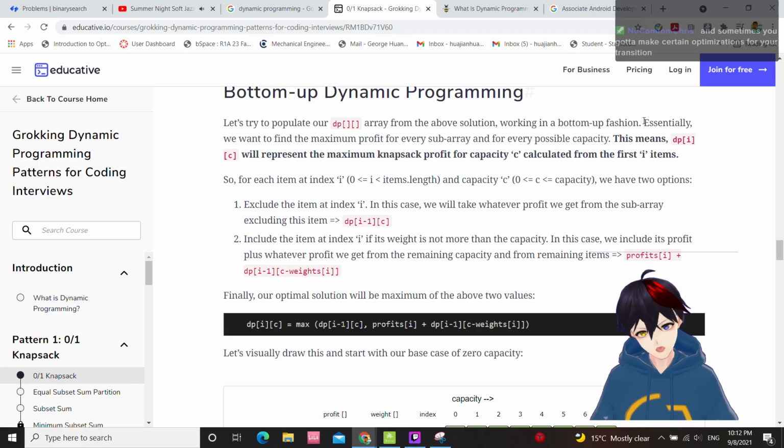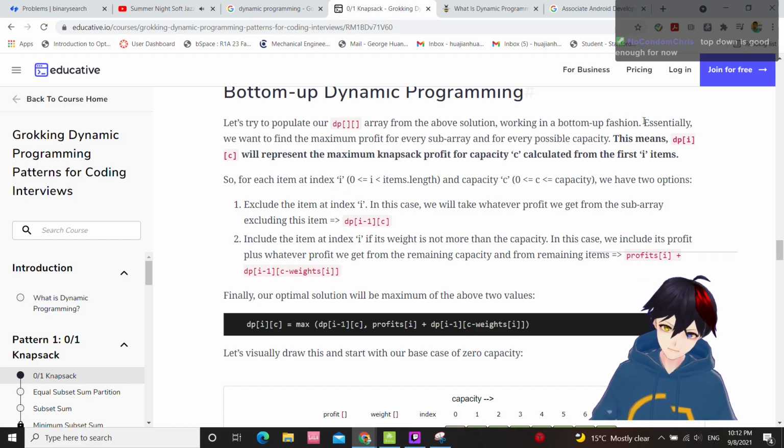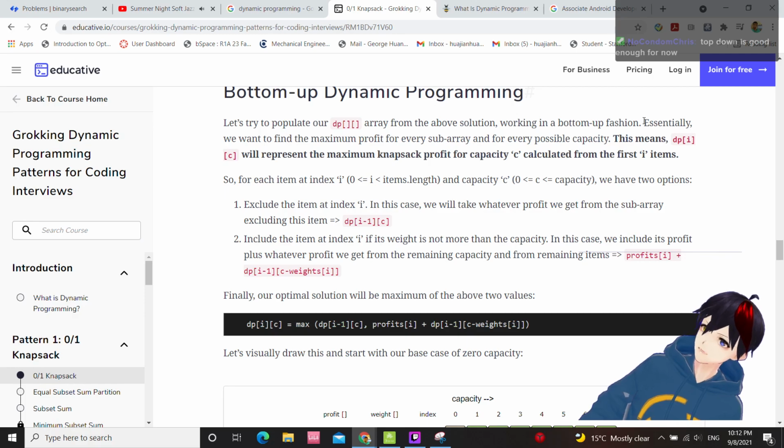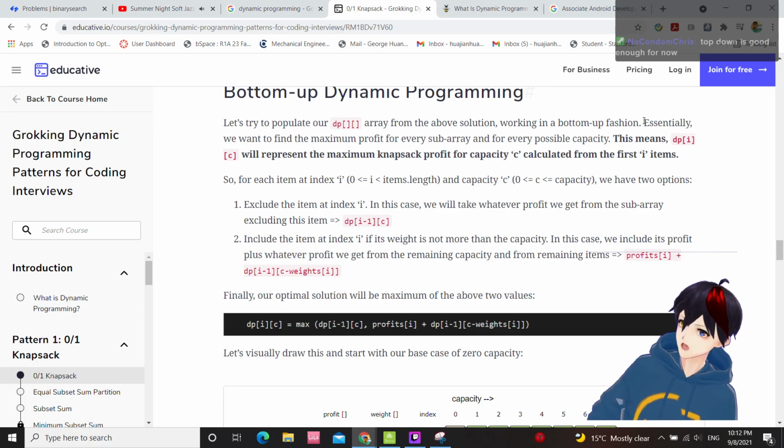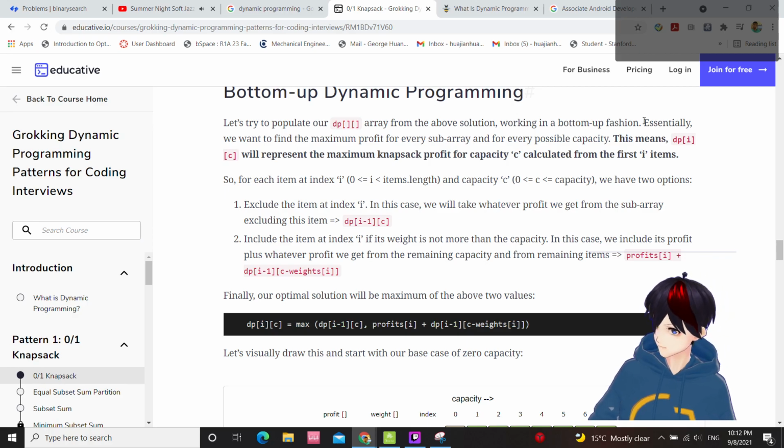Essentially, you want to find the maximum profit for every subarray and for every possible capacity. DP[i], which is the index, and capacity, reflecting whether you take them or not.